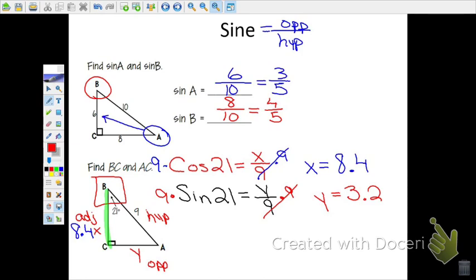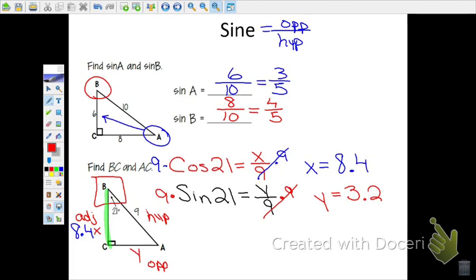Somebody in third period had asked if there was a way that you could check your answers. There is not something that will give you an exact answer because we've rounded. But we do have a right triangle, so if we did the Pythagorean theorem, it should be really close to C. It might be just off a little bit because of the rounding.